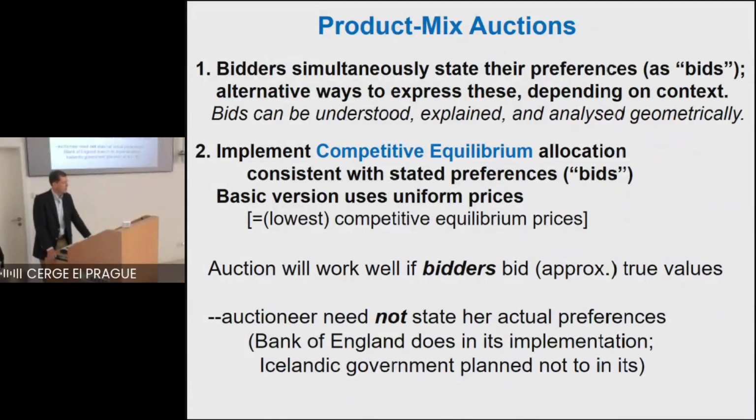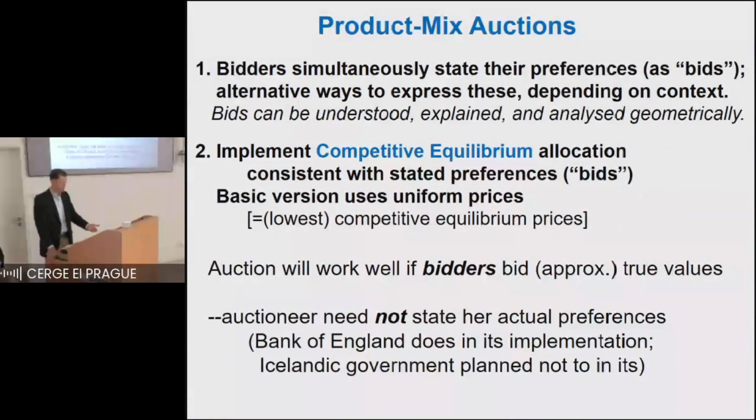We don't actually need the auctioneer to state her actual preferences, because if bidders are bidding competitively, then they don't need to know what the auctioneer is going to do or what the auctioneer's preferences are. In fact, the Bank of England does say that it states its actual preferences, which is of course appropriate if it wants a true competitive equilibrium, which will then, under usual assumptions, maximize social welfare.